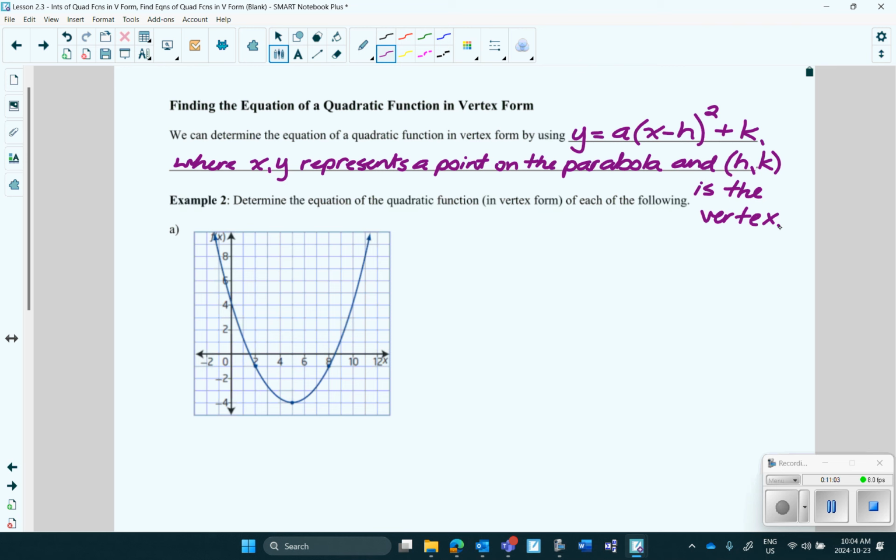Because if I find the vertex, I know what h is, I know what k is, I just plug it in. The only one that's challenging to find is a. And this is where we got to use a point on the parabola to help us.